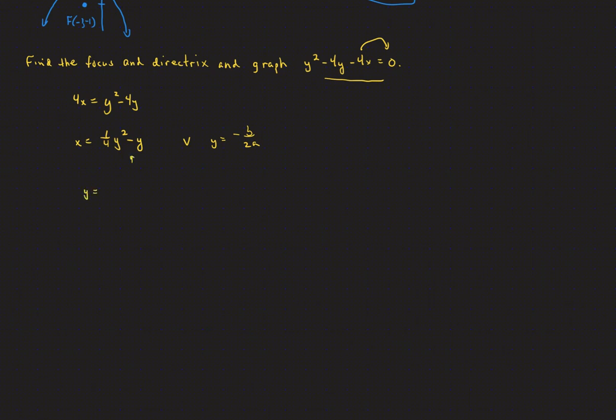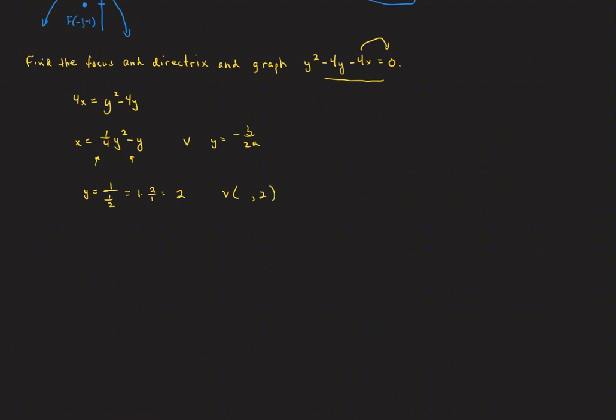So that's going to be a negative of negative 1 is 1. 2 times a is going to be 2 times 1/4, which is 2/4, which is 1/2. To take 1 divided by a half is the same thing as 1 times its reciprocal. So that's going to make the y-coordinate of our vertex be 2.